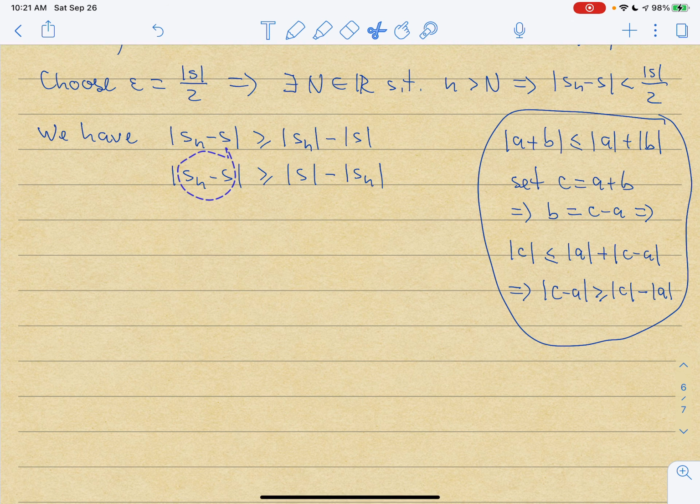That doesn't change anything. And then interchanging things on the right hand side will give me the second inequality.